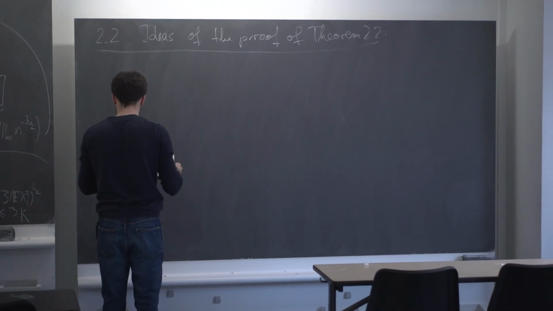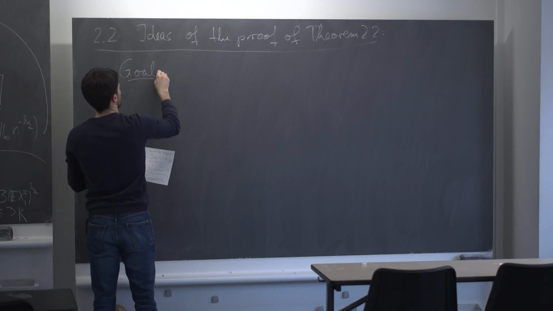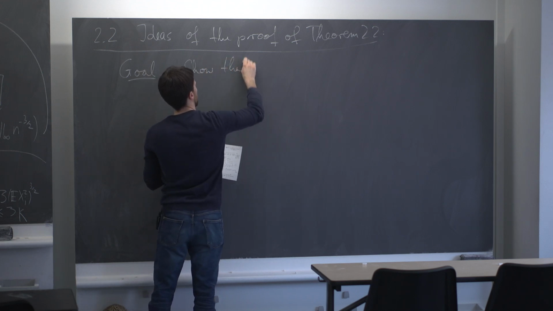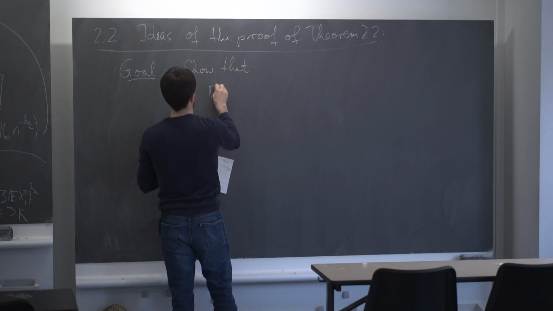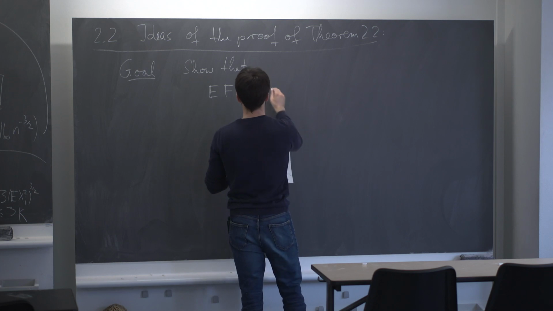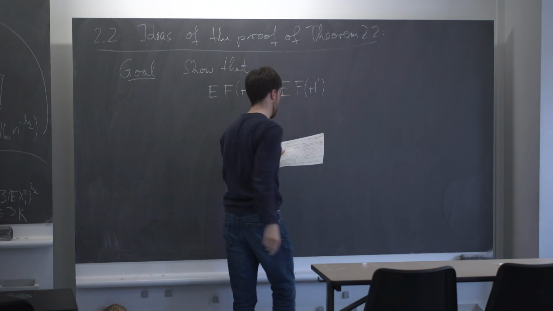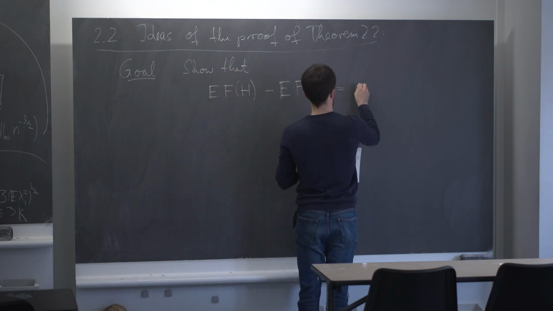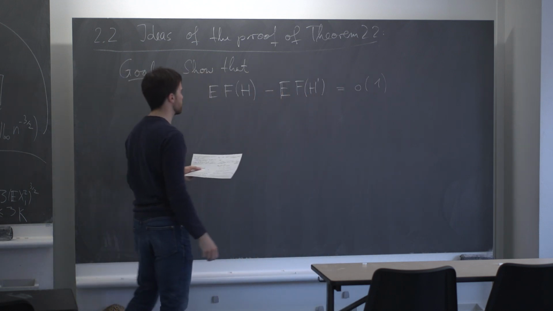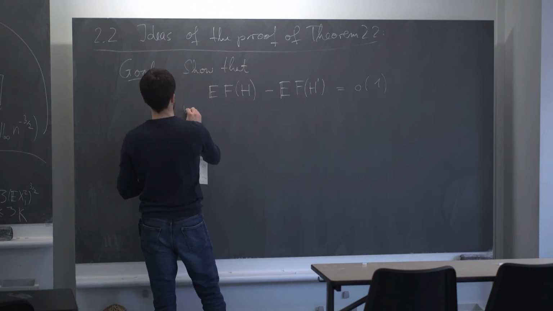Okay, and if you remember, our main goal was to show that I have a statistic F of my matrix H, and I have the same statistic of the matrix H prime, and I basically want to show that this is small, and little o of 1 means something that goes to 0 when n goes to infinity.